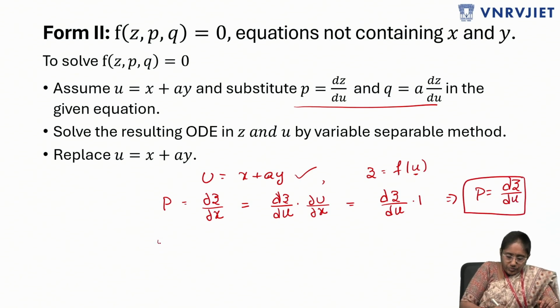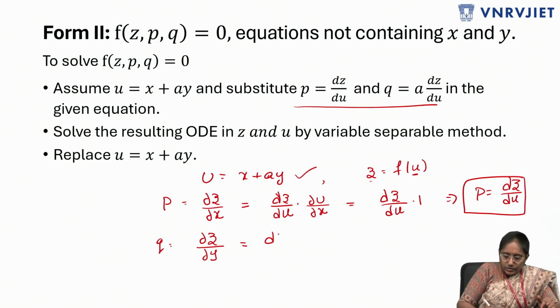Similarly for q. q is nothing but ∂z/∂y. Again applying the total derivative concept, z is a function of u, so z depends only on one variable.